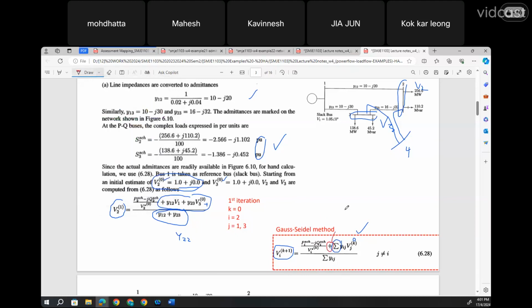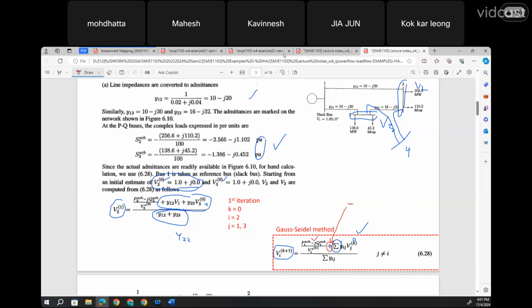In some books, this formula is put as minus, but this is okay. P minus jQ_i scheduled is always negative over here. However, you might find that in some references this is written as minus. The question is, is it the same as what we have over here? The answer is the same.